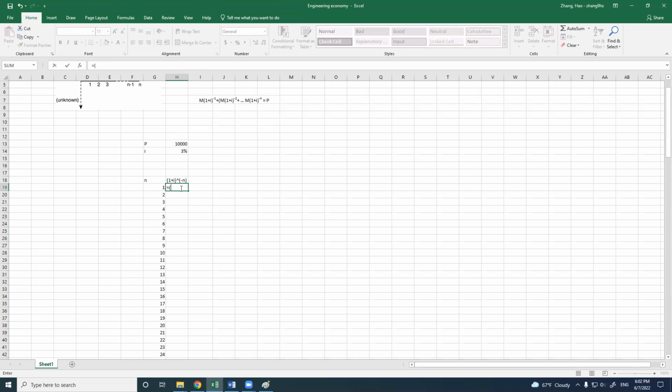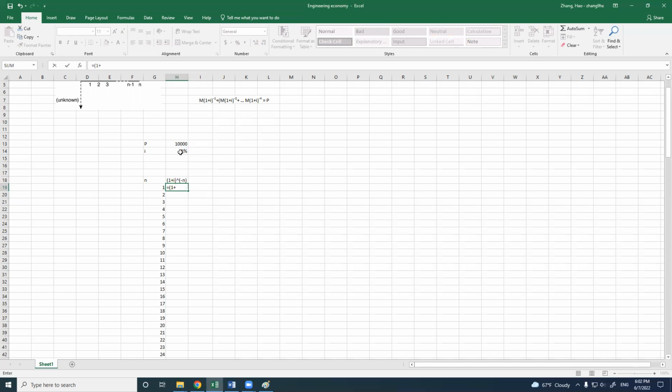Say 1 plus... all right, now this is the tricky part, the I here. The interest rate we get is 3%. This is the annual interest rate, but because we are paying back with 60 periods, we should use the interest rate for each period. We have 60 periods, which is monthly.